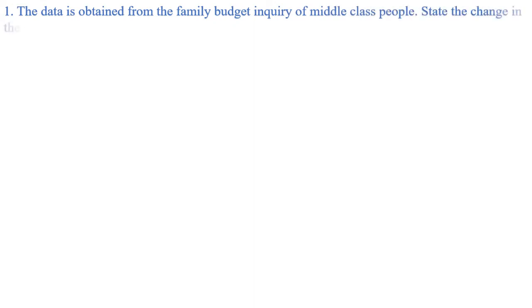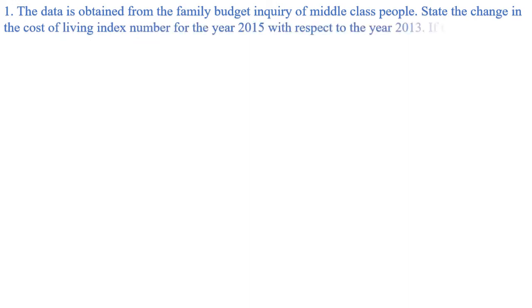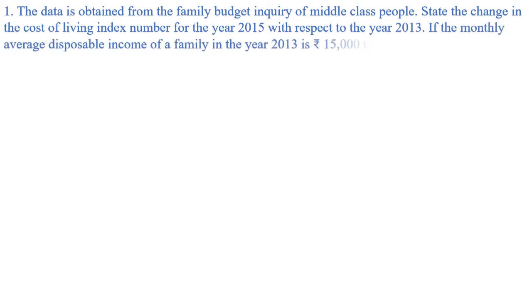First question. The data is obtained from the family budget inquiry of middle class people. State the change in the cost of living index number for the year 2015 with respect to the year 2013. If the monthly average disposable income of a family in the year 2013 is rupees 15,000, then obtain the estimate of necessary income in the year 2015.